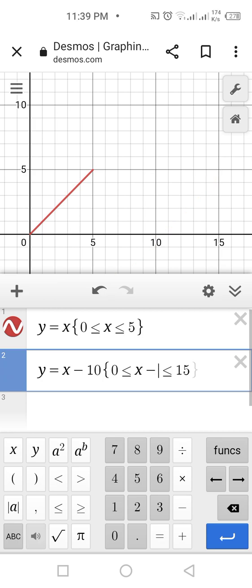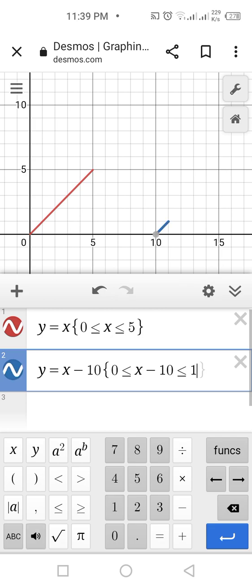Up to 15, so 5 less than or equal to x less than or equal to 15, and x minus 10 will become 10.